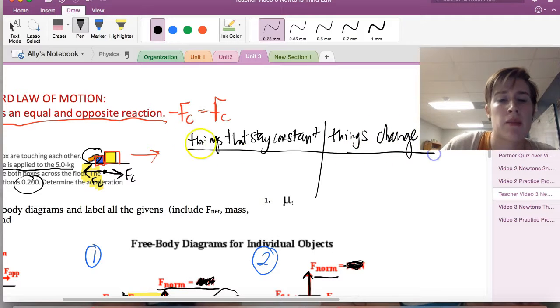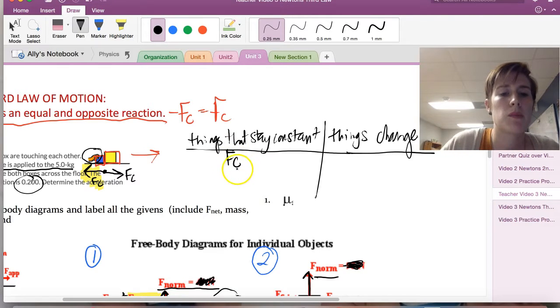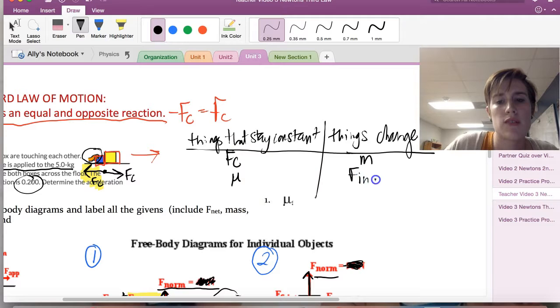Okay, things that are the same in both diagrams. Your contact force is the same value in both pictures. It's just negative in one picture and positive in another. Coefficient of friction is also the same. Things that change: your mass changes, your individual forces change, your net force is different.